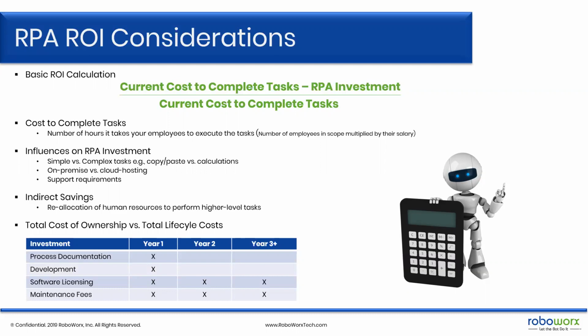You could just not replace workers if they leave, and then you'll definitely have savings, and you'll benefit in ROI if the human worker is no longer on the payroll. So those are the influencers on your calculation to figure out what your ROI is.